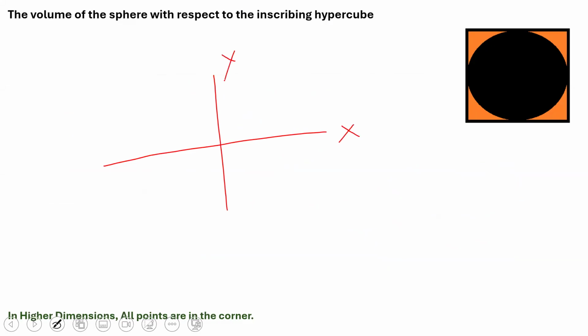Now what I have done is I have taken any point on this y-axis. I can take any point on this y-axis. This is 0.1, this is 0.2, and this is 0.5, or this can be 0, minus 2, this can be 0.5.